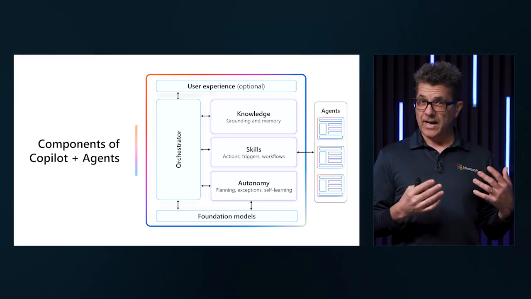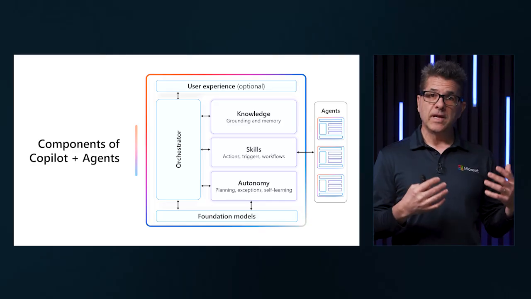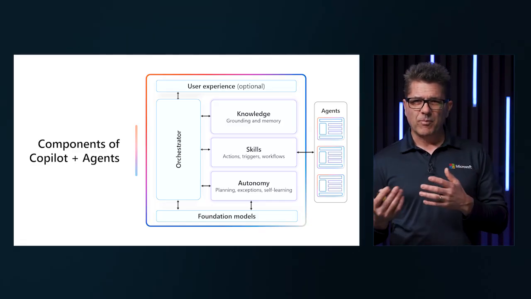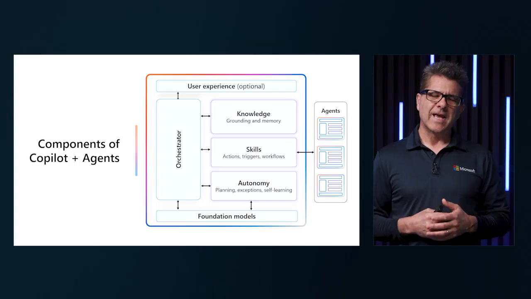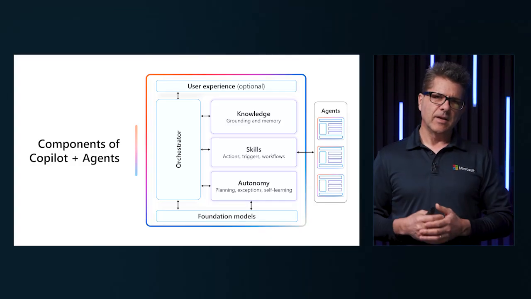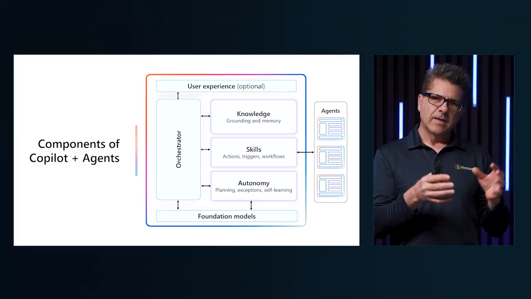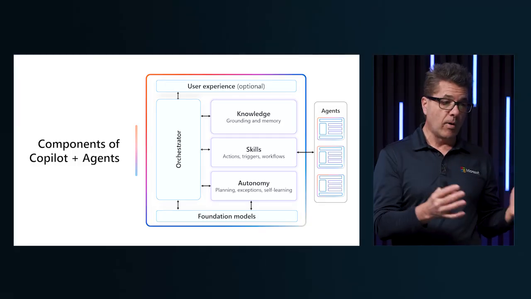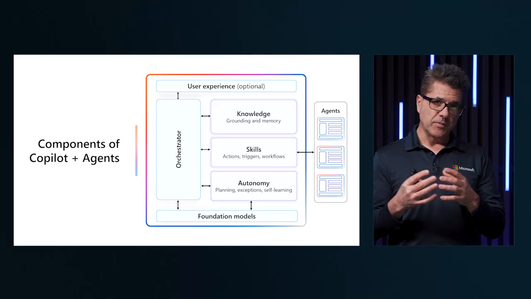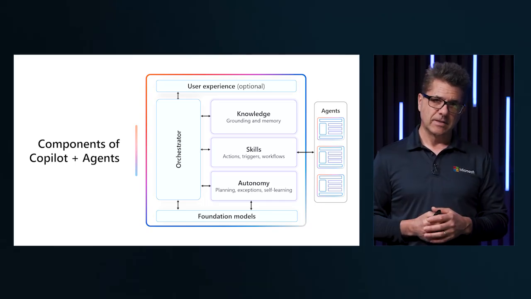And of course, don't forget the autonomy, being able to do things on our behalf. So including the plugins or the planning, learning, and also escalations. So these are things that I can look at from knowledge, skills, and autonomy. So my agents can contain one or multiple of these. So this orchestration is going to be critical for me to get the best out of my agent.